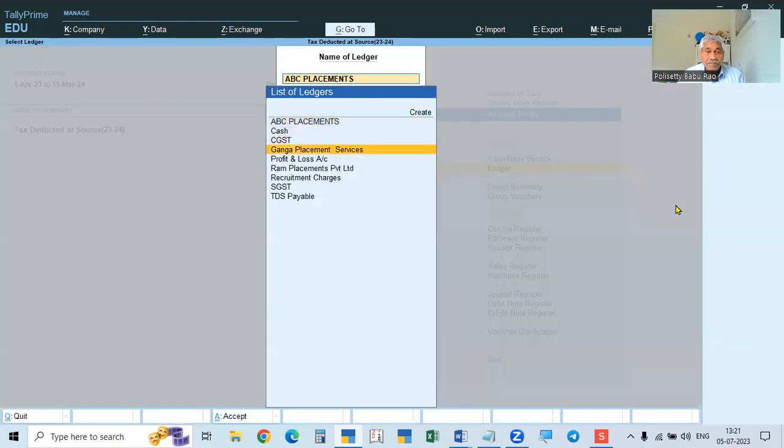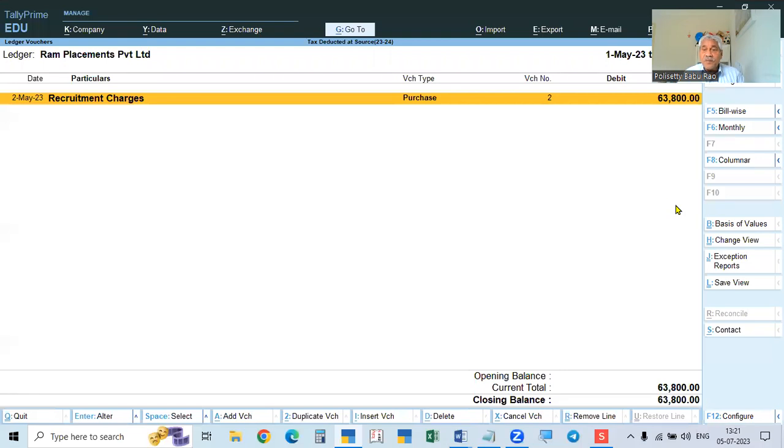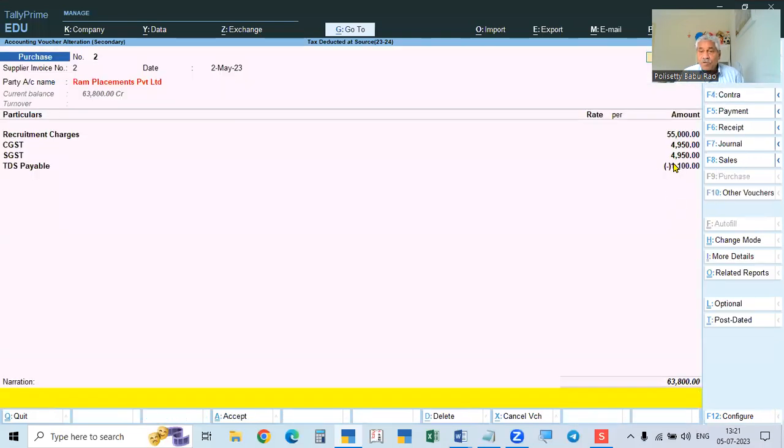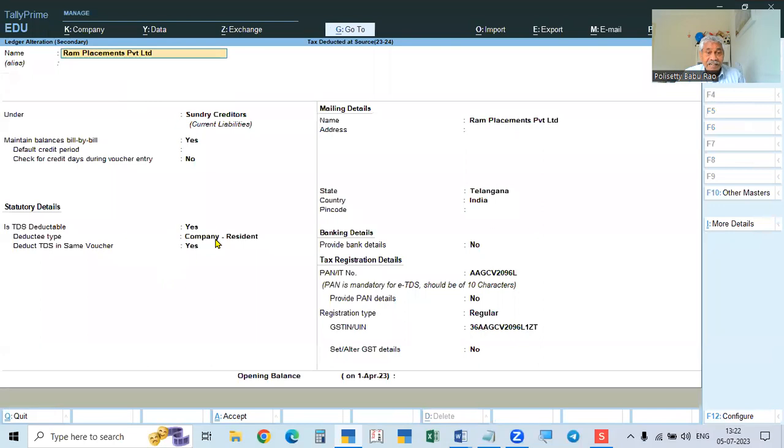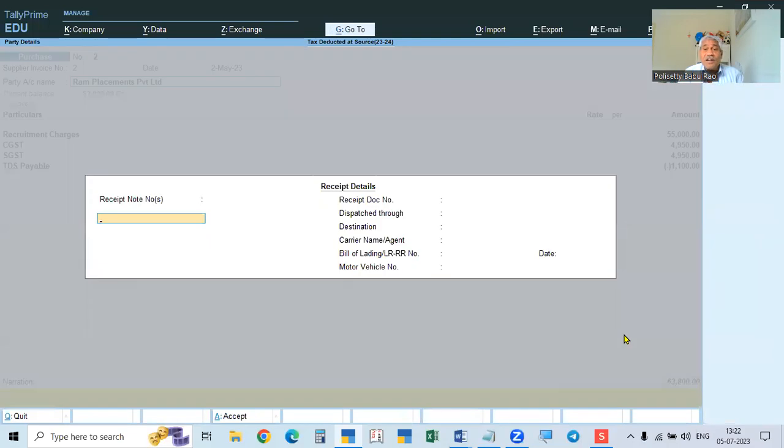Here, for example, for RAM placements, in this case 2% is deducted. I told you, if the PAN card number is not given, 20% will be deducted. So for example, when he is creating the company resident, here the PAN card number is not given. Even though there is a registration number, it will not take. You have to give the PAN card number separately. You have not given it.